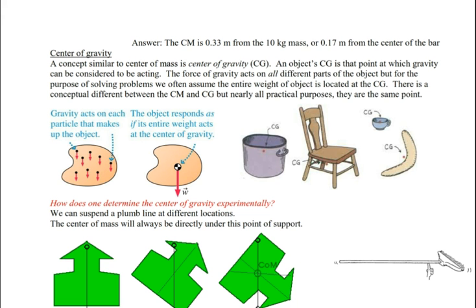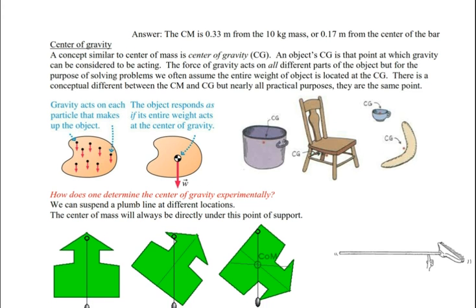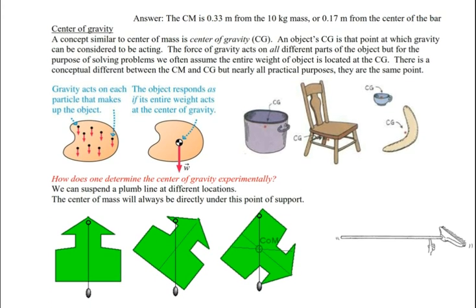In the next page, I go over some examples about the center of mass and center of gravity. And I also talk at the bottom of that page, I show you how one could determine the center of mass experimentally. Now, if you were to hang what we call a plumb line from different locations of a regularly shaped object, and you find the intersection of these plumb lines, then that particular point is called the center of mass.